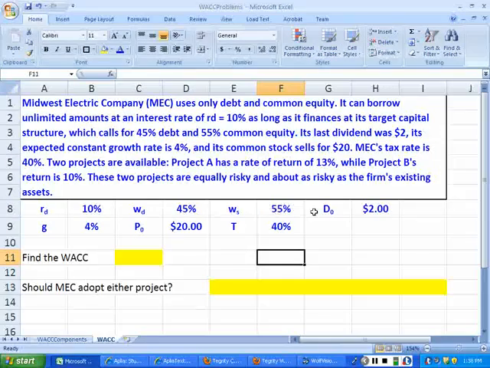Over on the other side, our remaining weight, or 55%, 0.55, is in the form of equity. And the cost of that equity is what we're going to have to determine by using this constant growth model.